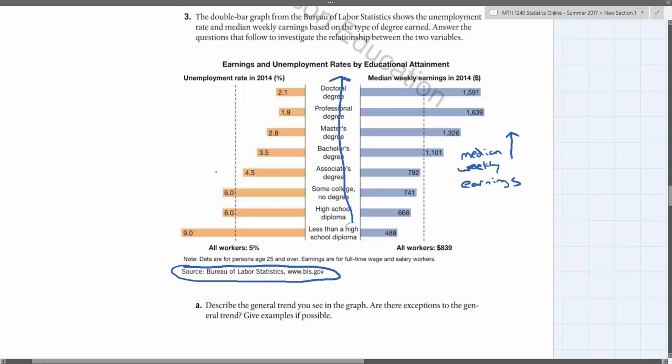And notice my unemployment rate actually goes down. Over here we had 9% for less than high school diploma, and it just keeps going down all the way up to 2.1 for the doctoral degree.